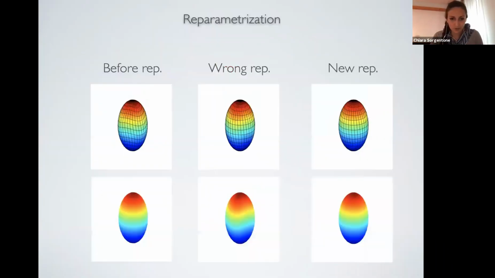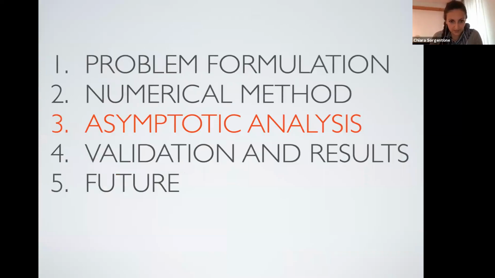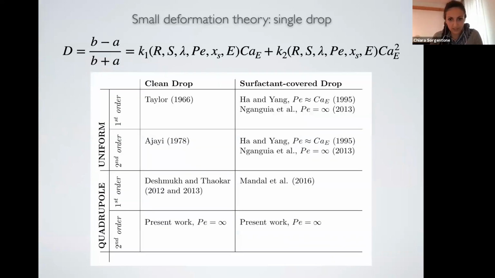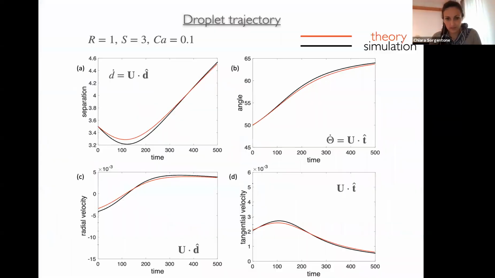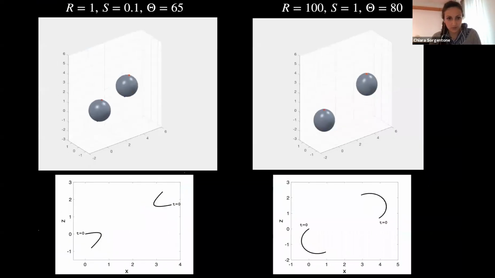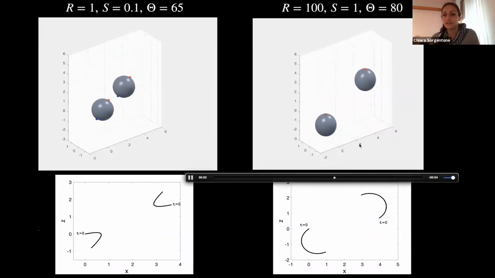There is some movie here. Okay, you can see that they are getting closer. Then at some point, if the attraction keeps acting, there would be coalescence. My code does not allow for this change of topology, so I just have to stop the simulation at some point.